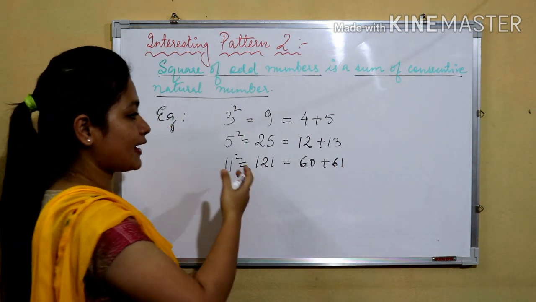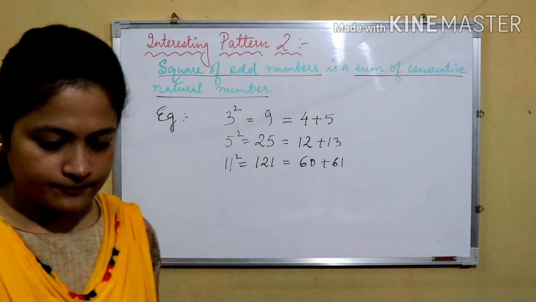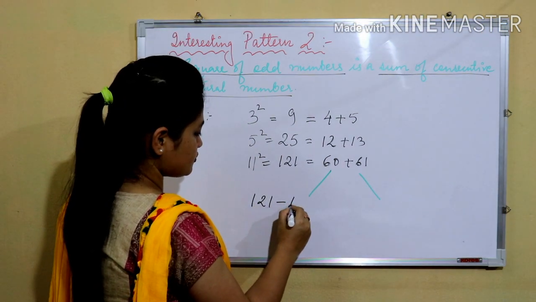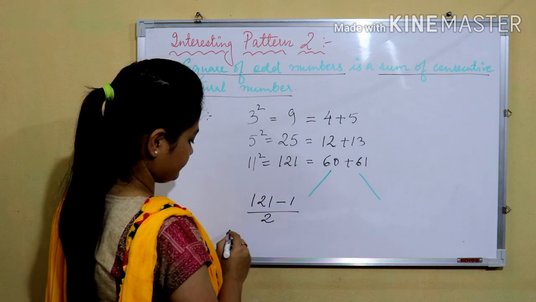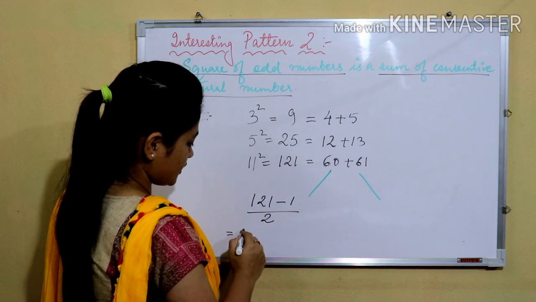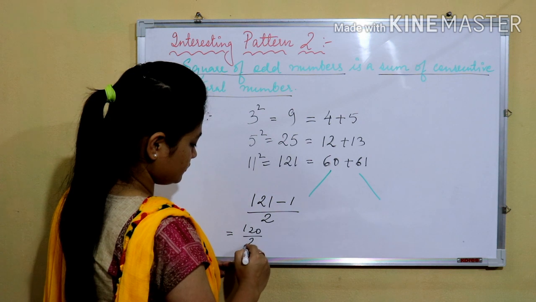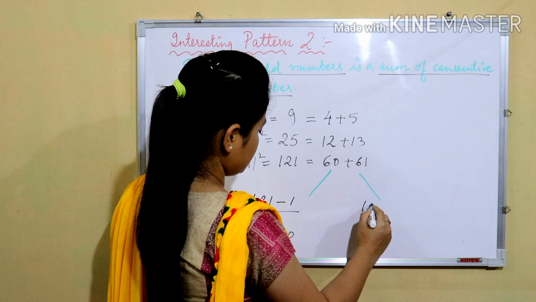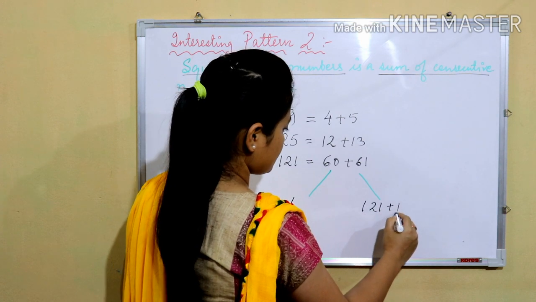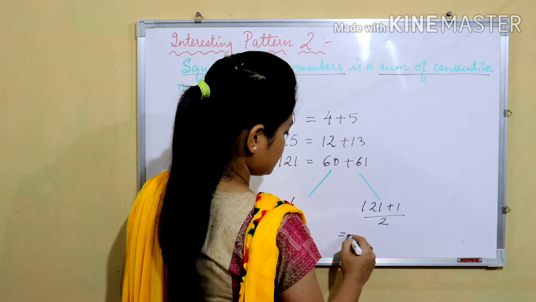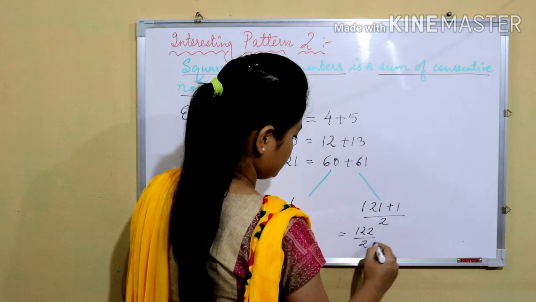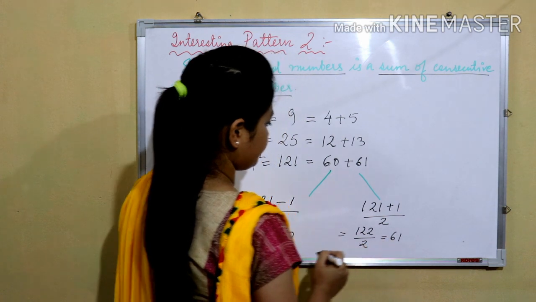So how am I getting this pattern? 121 minus 1 divided by 2, that means 120 by 2 is equal to 60. And here, 121 plus 1 divided by 2, which means 122 divided by 2, which means 61.